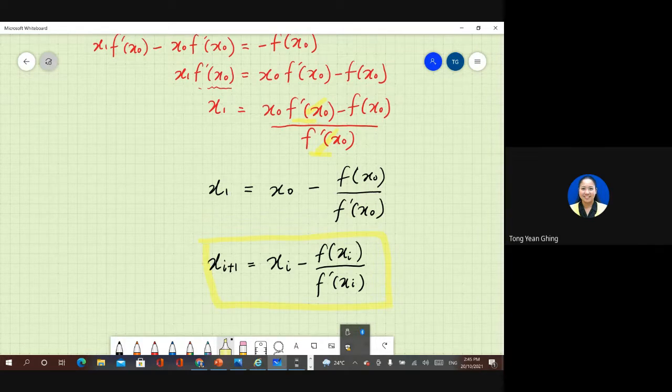This formula you no need to remember. If it comes out in the test or final, this formula will be given. You only have to remember the steps.